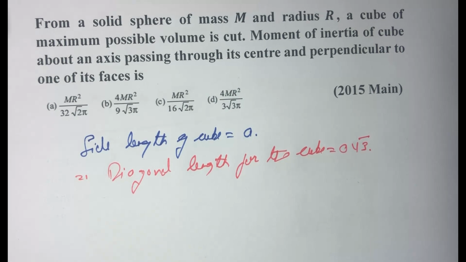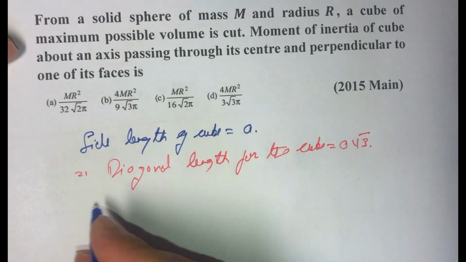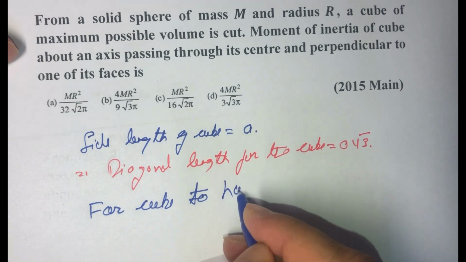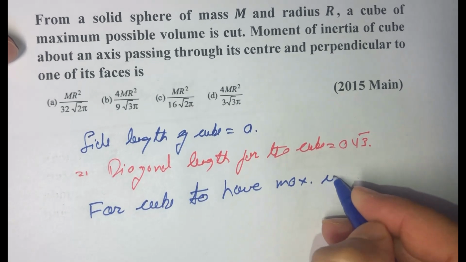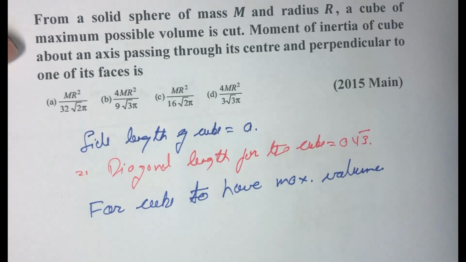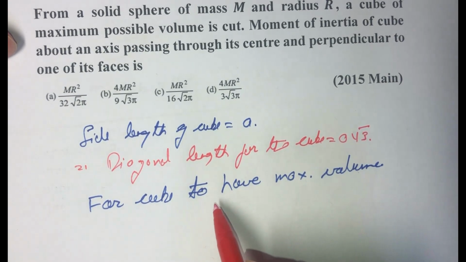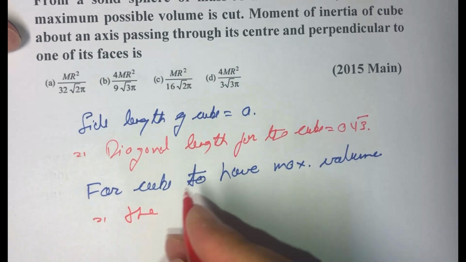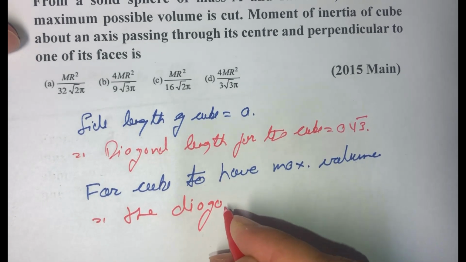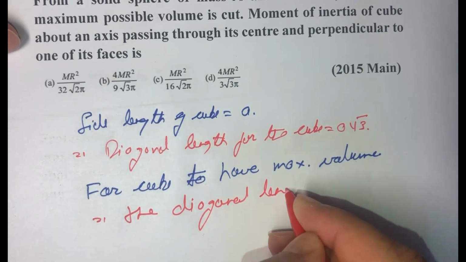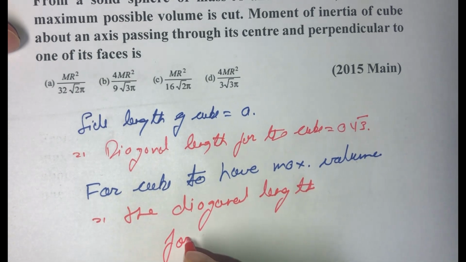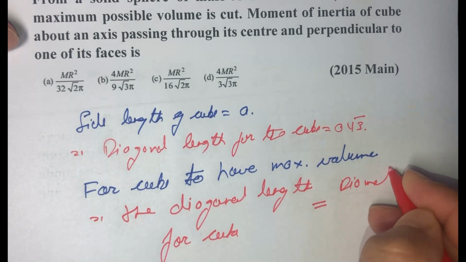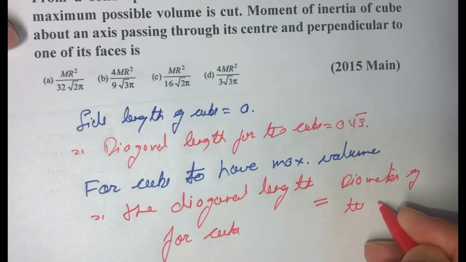And for the cube to have maximum volume, its diagonal length should be equal to the diameter of the sphere.